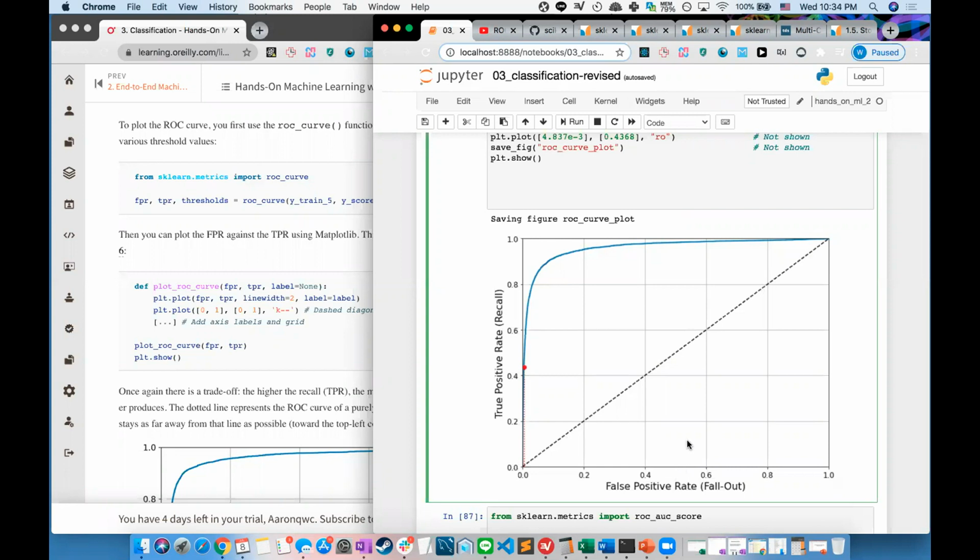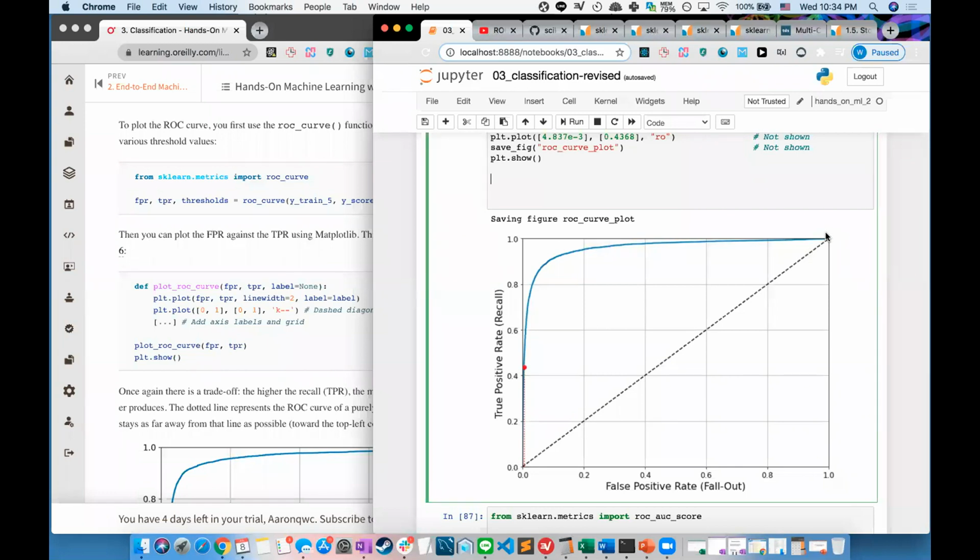I also want to mention a couple of different points. What does it mean when we are here? So when we are here, that means true positive rate is 1, and false positive rate is also 1.